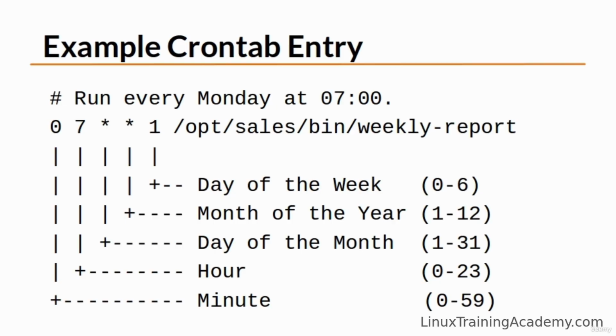Typically, one or more of the time specification fields will contain an asterisk, or a star, which matches any time or date for that field. This job will run only when the minute is 0, the hour is 7, and the day of the week is 1. In the day of the week field, 0 represents Sunday, 1 is Monday, etc. This job will run on any day of the month and during any month since the asterisk was used for those two fields.